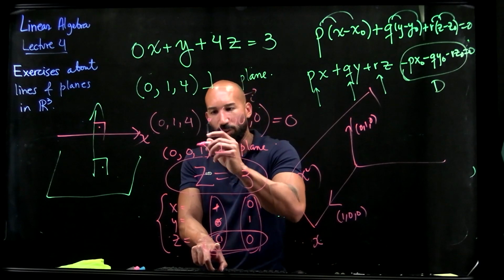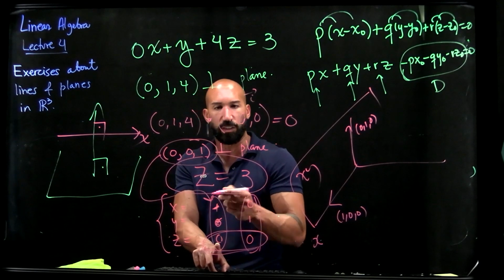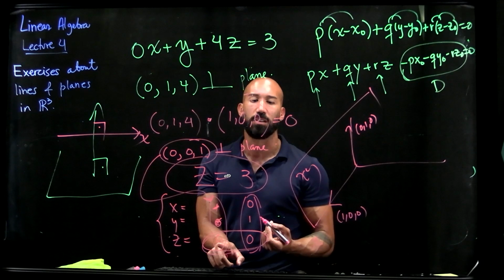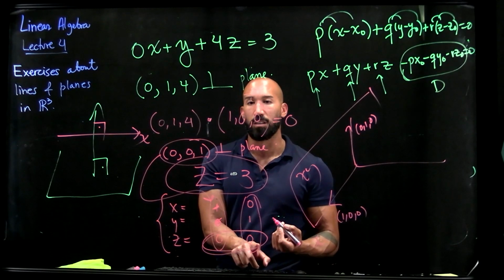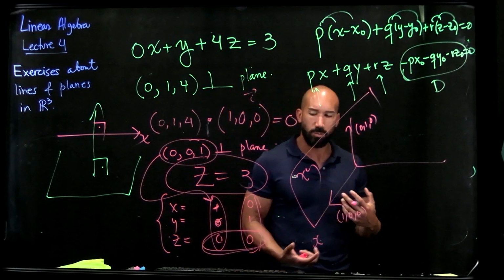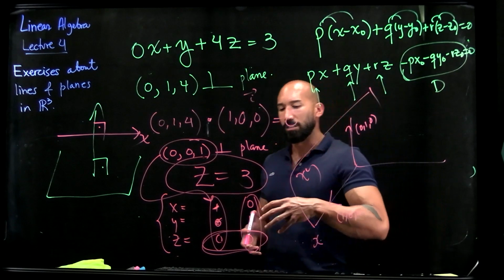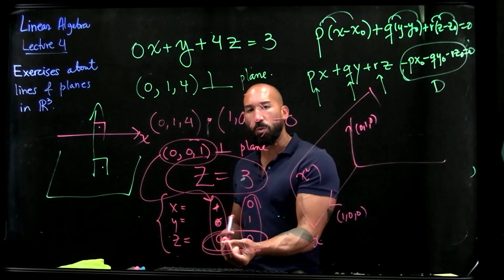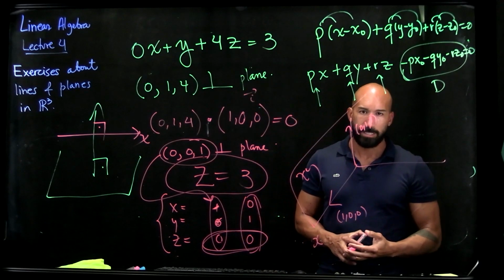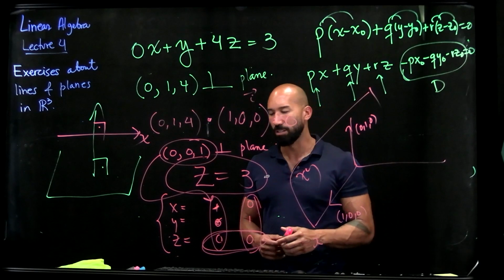So for the dot product of this normal vector with this parallel vector to be 0, since I have these two zeros here, I need a 0 here. And the same for the second one. Is that okay? So this is the kind of interpretation that we can give to the 0 components for the normal vectors and the parallel vectors. Is that okay? All right. Well, I'm going to stop here today. Thank you very much.